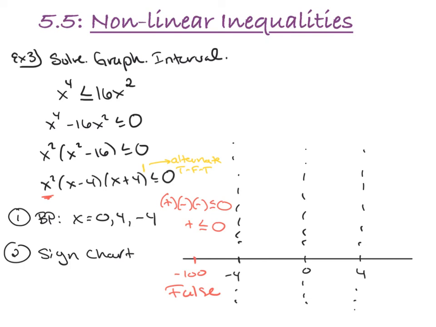So I know without doing arithmetic that if I pick any number in here, say I pick negative 2, I should get true, because x equals negative 4 came from the x plus 4 factor that had an odd exponent.